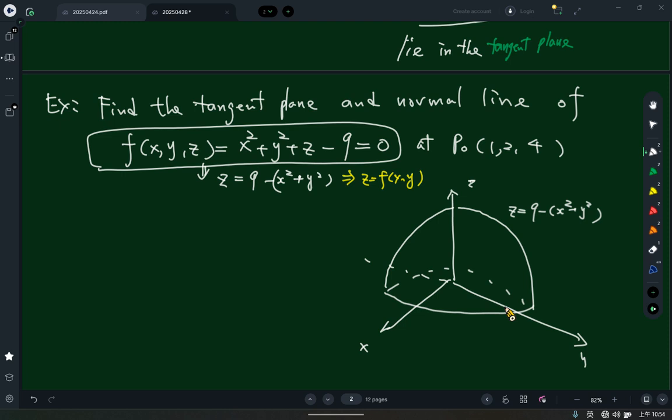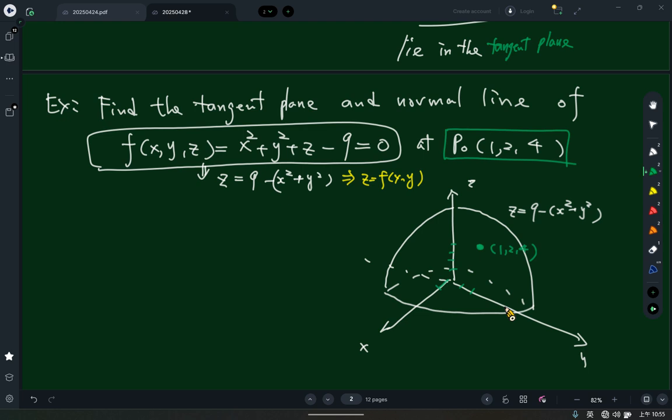Right now, let's point out the point we are interested in, P0 at 1, 2, 4. The point 1, 2, 4 is on the surface. Go 1 unit, 2 units, 4 units. So this is a space point, 1, 2, 4.